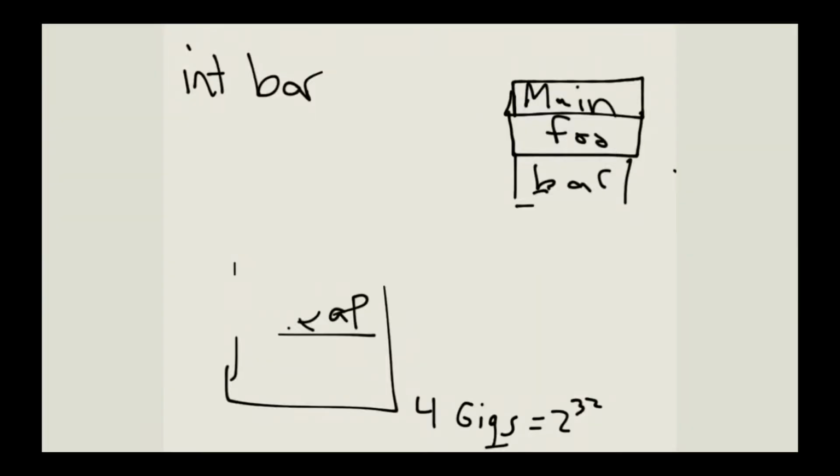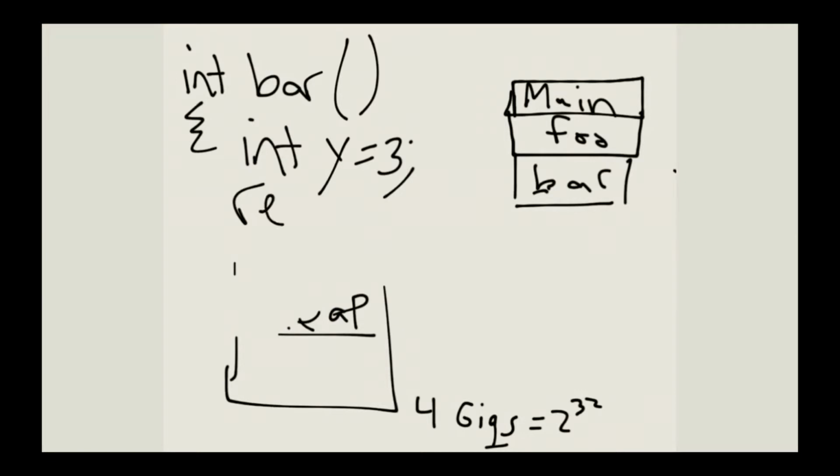What goes in these stack frames are all of the local variables and all of the function arguments. Any things that are locally scoped to this function go in these stack frames. So bar is a function that just declares an integer, and then returns a pointer to that integer.